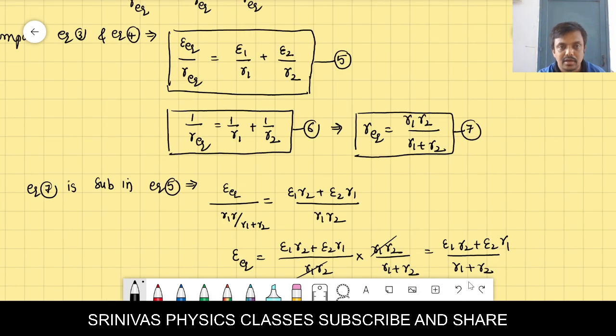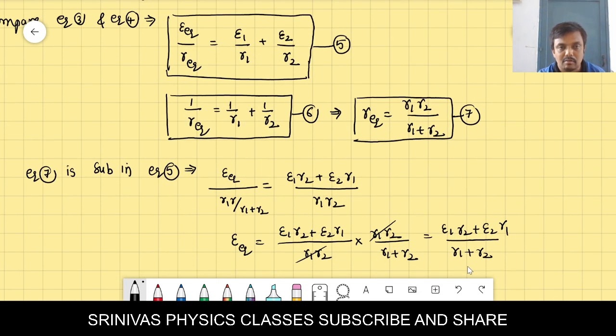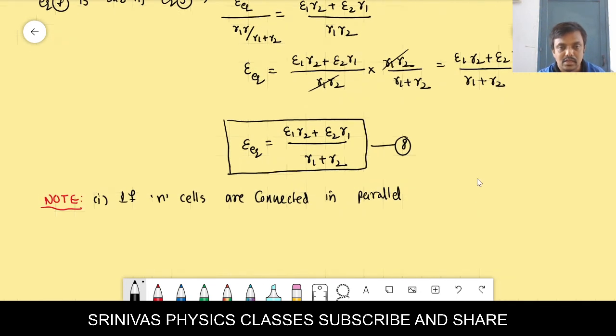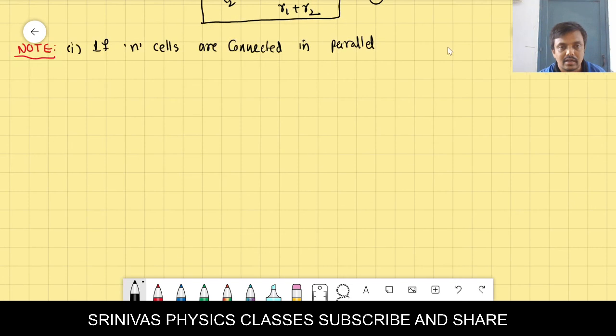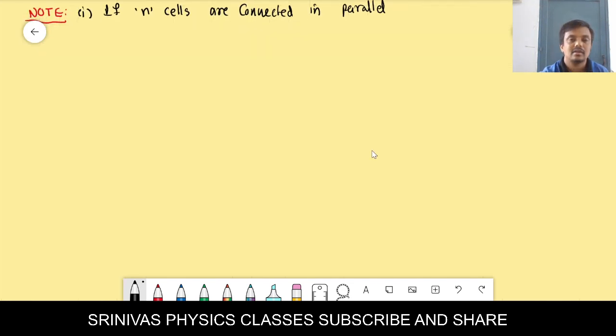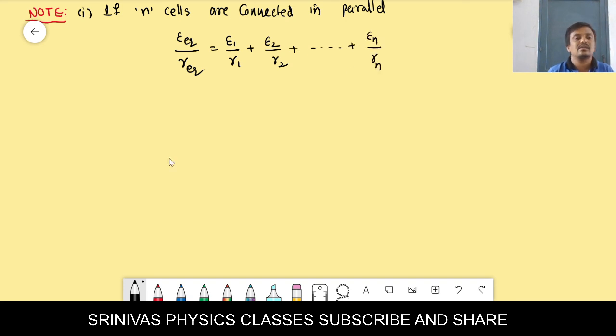You see equation 5, E equivalent by R equivalent equals E1 by R1 plus E2 by R2. But that is for two cells. If n cells are connected, then the formula will be E equivalent by R equivalent equals E1 by R1 plus E2 by R2, this is for two cells, then for n cells, En by Rn, and so on we have to add, right?